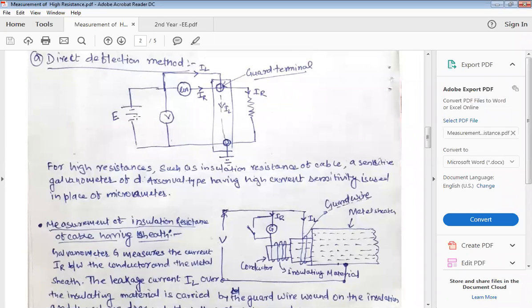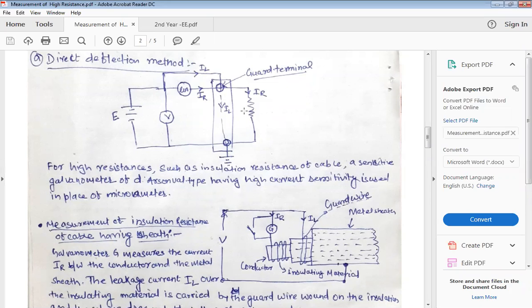You have one voltage source and one ammeter. Because the resistance is in a very high range, the current flowing through the circuit is I = V/R.